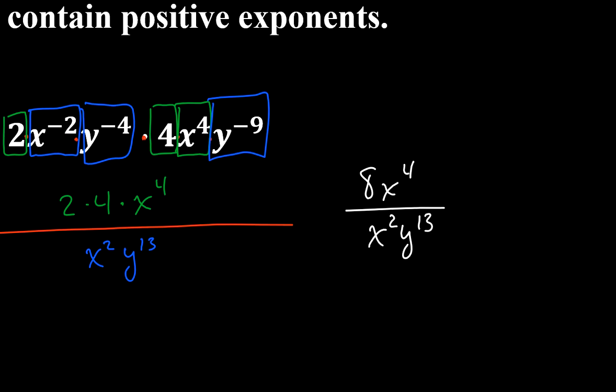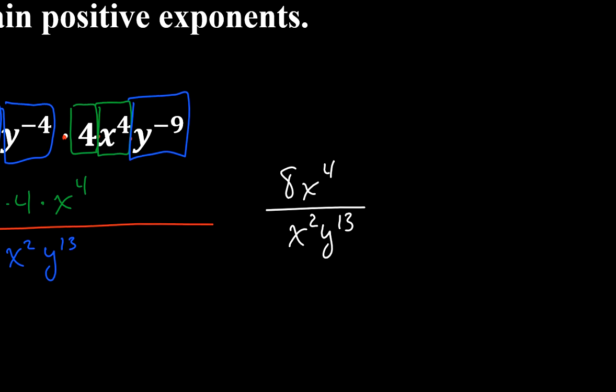And yeah, if you're saying it, you're correct. There's definitely a giant one living here. And I'm just going to focus on the x's. For example, in my numerator, I'll rewrite this x to the fourth as x squared times x squared. And in my denominator, you can see there's an x squared.